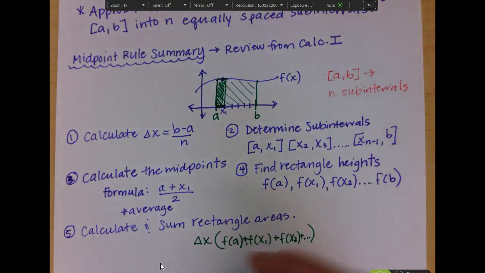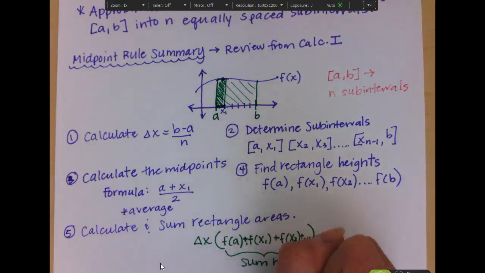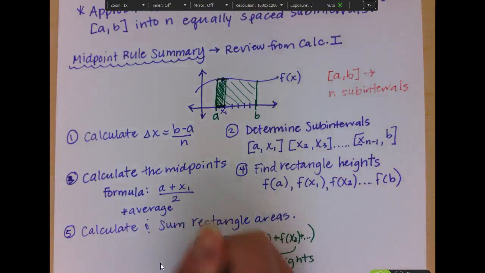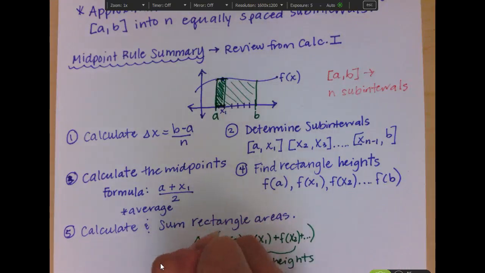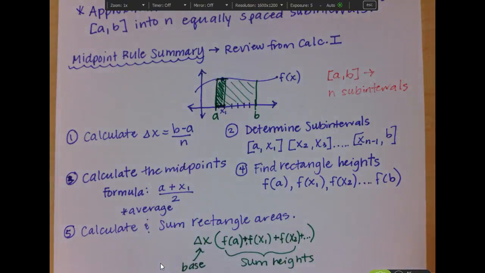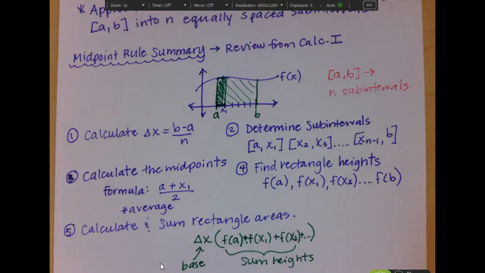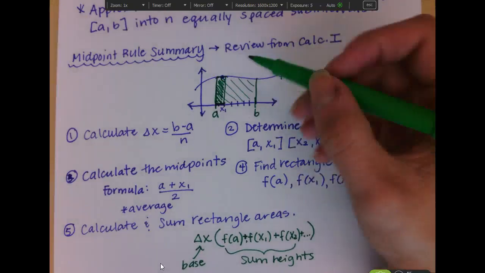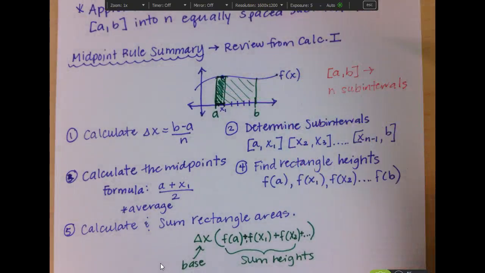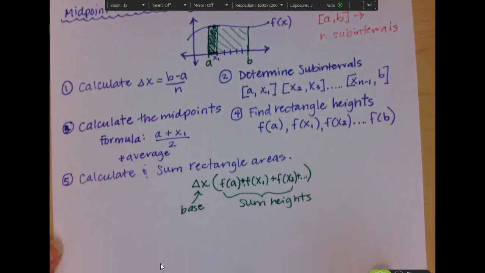So I'm adding all of my heights, and then I can just multiply it by the base, since the base is the same for every single rectangle. And that sum will approximate the area under this curve, which also approximates the definite integral that we're given. Let's move on.